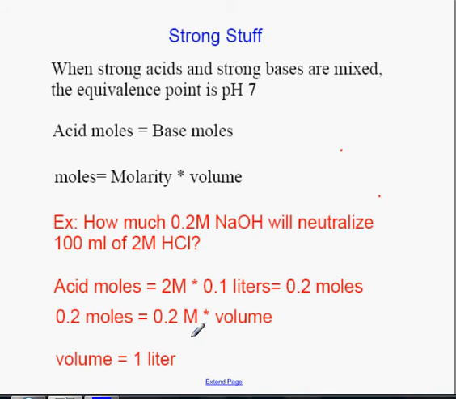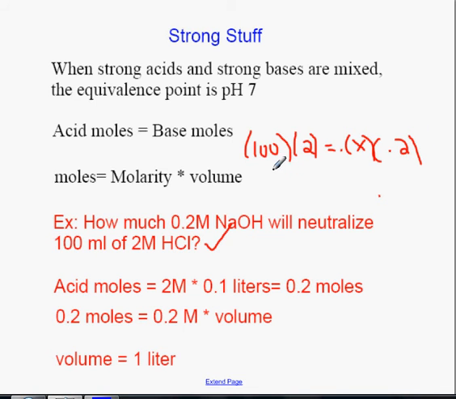Let's set it up here. Molarity times volume. So we got 100 times 2. That's the acid, equals the base. How much of the base would be titrated if it was 0.2 molar?